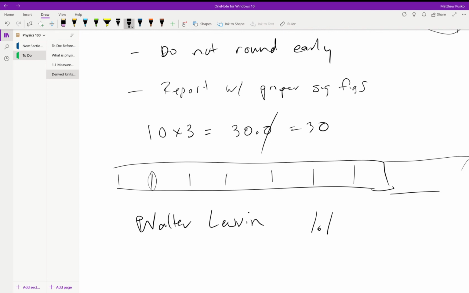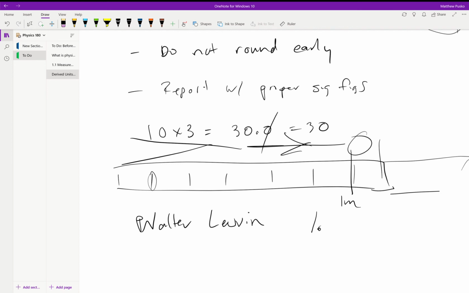So let's say someone is laying down here, and we measure them to be, this is 1 meter right here maybe, and they're just past the 0.1 mark. So they would be 1.1 meter long, and then we'd have to guess a little bit. We could say 1.1, it's about 3. So that gives us a level of error, and you'll learn how to work with those in different classes.